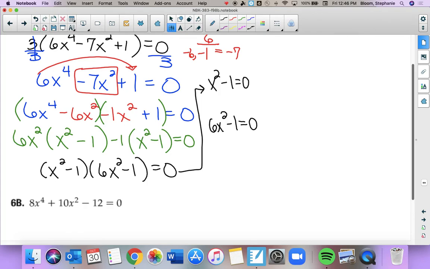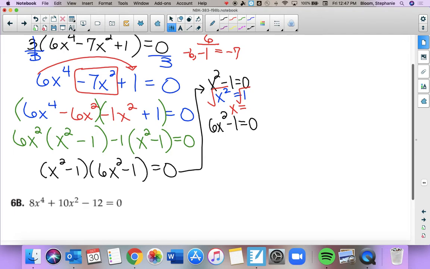Add 1. So x squared equals 1. Then what? Square root. So what will x equal? What are you missing? That said x squared equals 1.